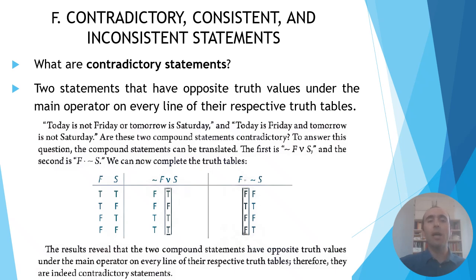And in the third and fourth line, the first statement is true under the main operator, and in contrast, the second statement is false under the main operator in these lines. So that is what makes these statements contradictory.